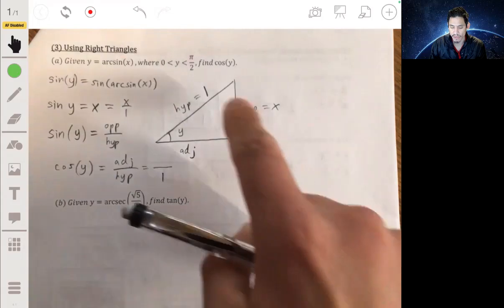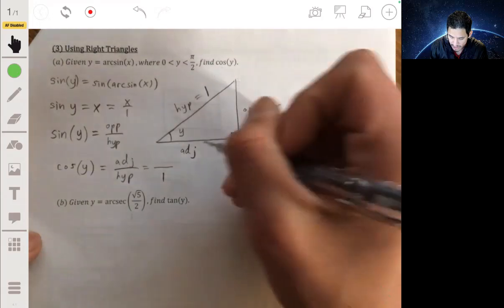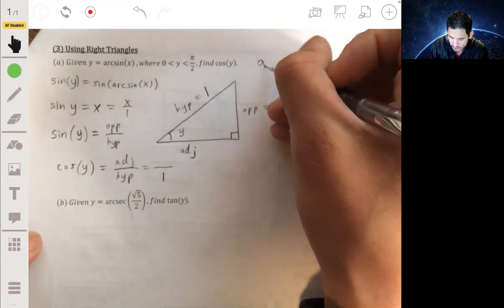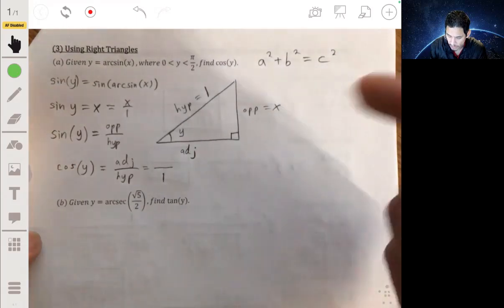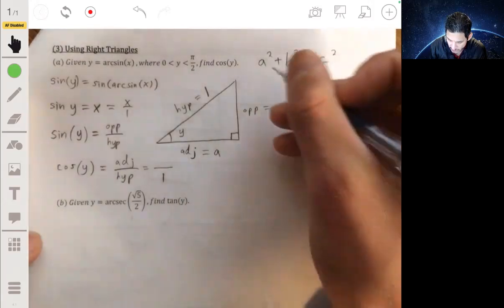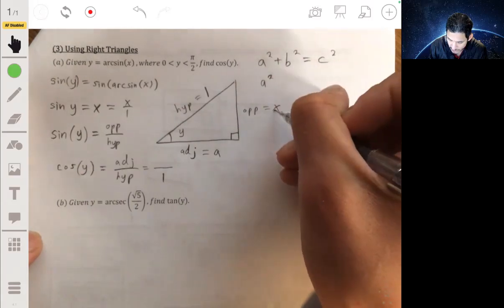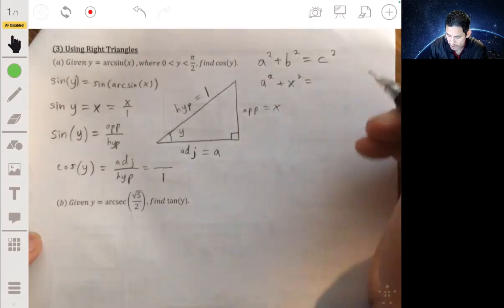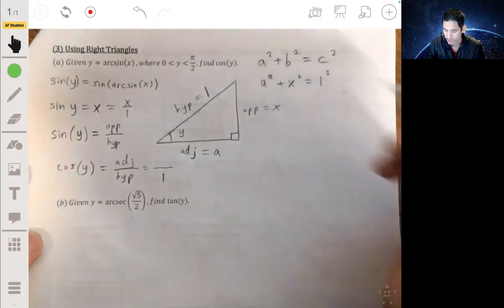The way we do that is kind of working backwards from the Pythagorean theorem. Remember, you have adjacent side squared plus opposite side squared equals hypotenuse squared. Usually you'll see a squared plus b squared equals c squared. Let's make a the adjacent side, so we have a squared plus, let's make b the opposite side, x squared, equals the hypotenuse squared, that's our c, so equals 1 squared, or just 1.